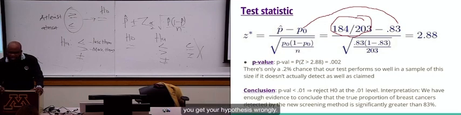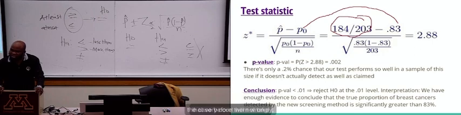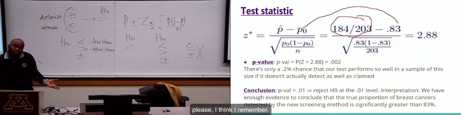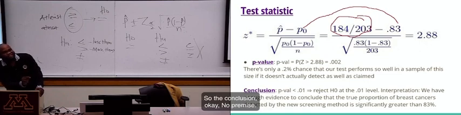The moment you get your hypothesis wrong, it's just like a court. A court that got the case before them wrongly will not take a good decision. Because in the first place, when the premise of an argument is wrong, so is the conclusion.